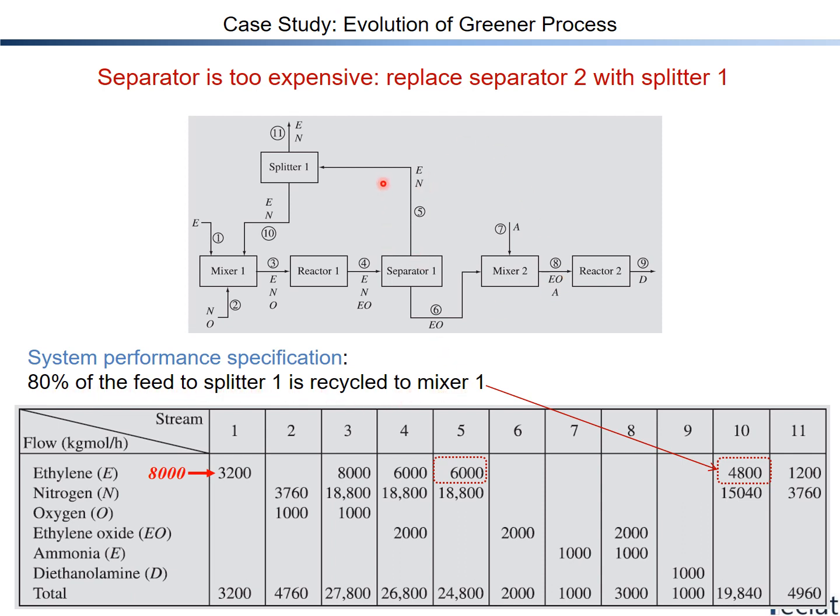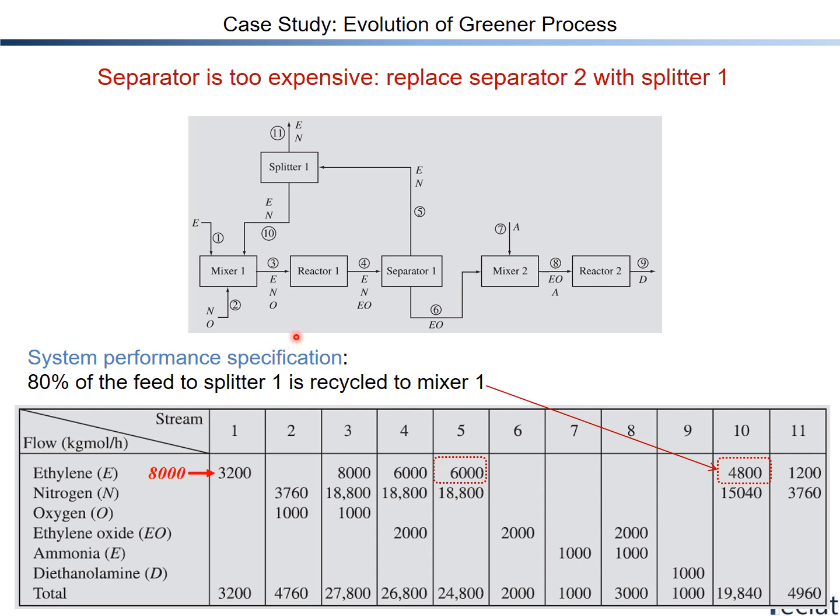So 100% of the mixture of ethylene and nitrogen gases is introduced into the splitter, and 20% of it is going out of the splitter, actually going out of the system. And then the 80% of the ethylene-nitrogen mixture is introduced into mixer 1.